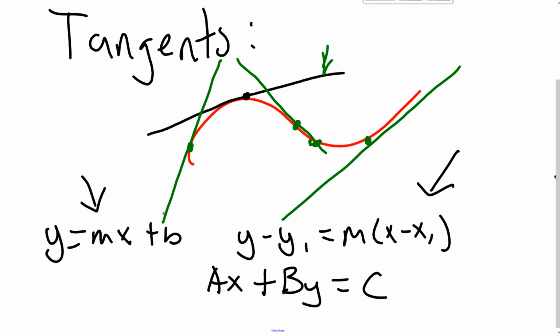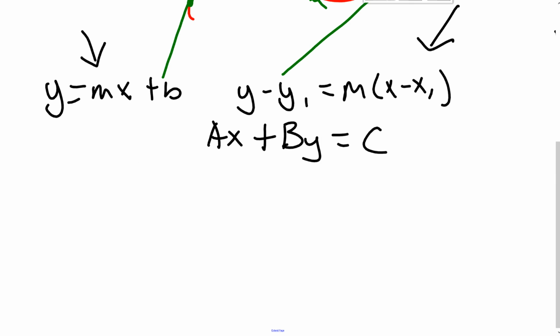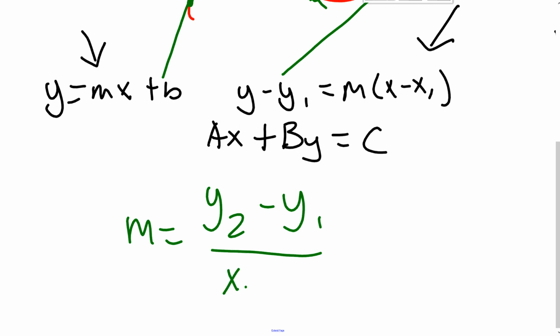But in order to write this line, don't I need some kind of slope and a point? Sometimes I'm given 2 points, so then I have to use the slope equation in order to find that. And then I could use any one of these points to put in my x and y here, and then I could solve for b. And once I have b, then I could plug b back in.